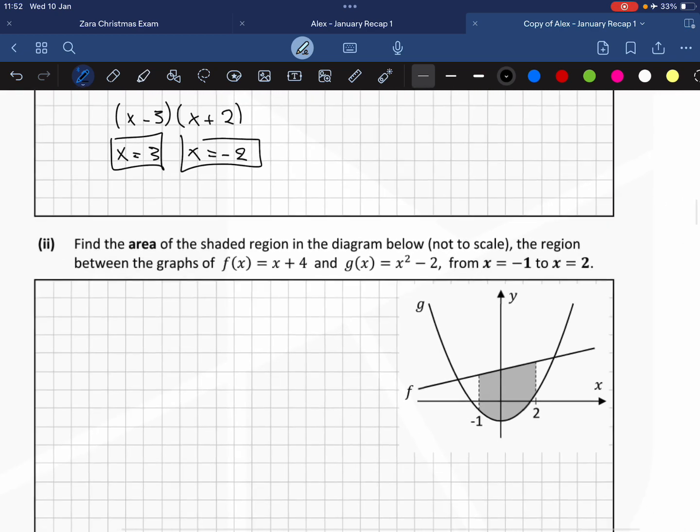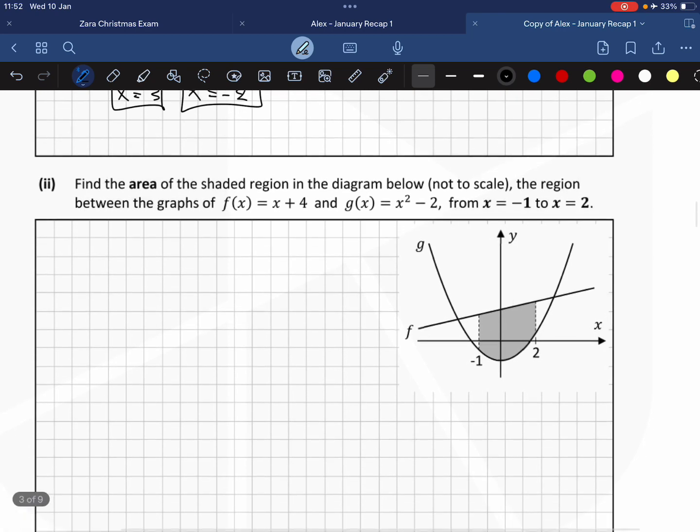So next up it says, find the area of the shaded region in the diagram below, not to scale. The region between the graphs of f of x and g of x, from x is equal to negative 1 to x is equal to 2. So we're finding the area under the curve, and it's bounded. We're going to have to take one from the other and go from there. So we're going to have to do f of x minus g of x.